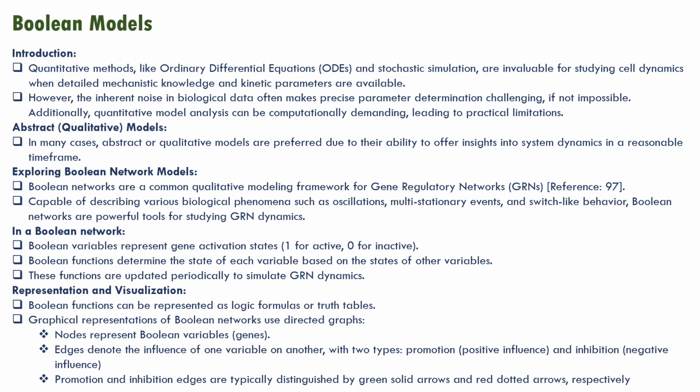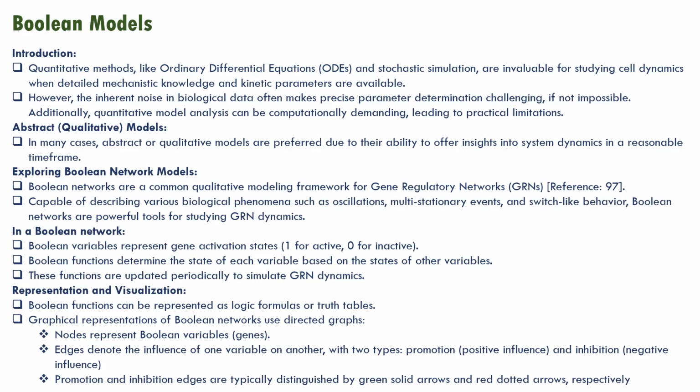Boolean networks are a common qualitative modeling framework for gene regulatory networks, and they are capable of describing various biological phenomena such as oscillations, multi-stationary events, and switch-like behavior. Boolean networks are powerful tools for studying GRN dynamics as well. In a Boolean network, as I said already, and we are talking about gene regulatory networks in this case, the Boolean variables represent gene activation states: 1 for active, 0 for inactive. And the Boolean functions determine the state of each variable based on the states of other variables. So basically, you'll have relationships for each gene.